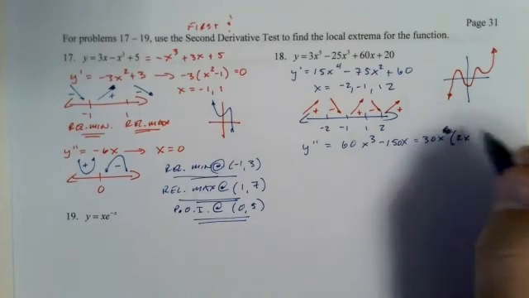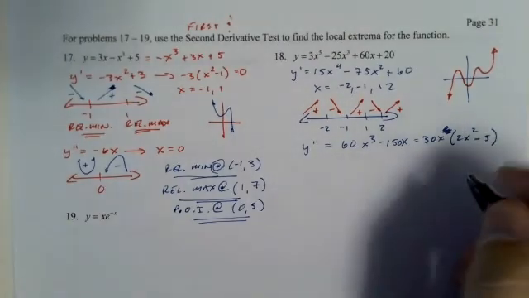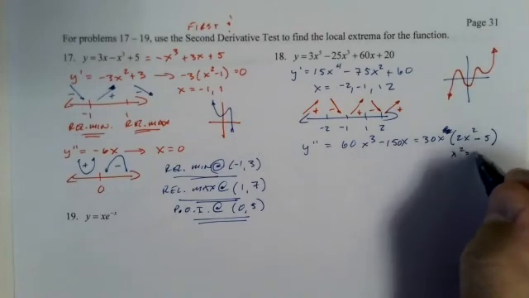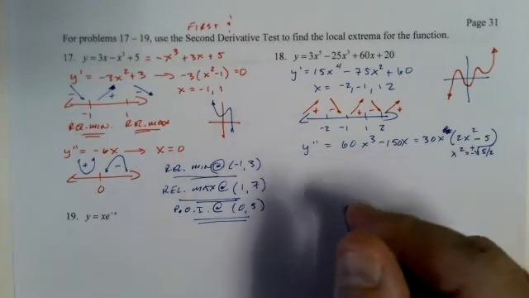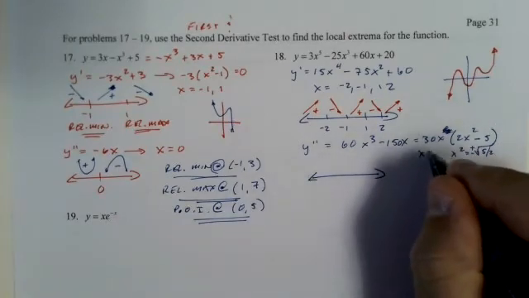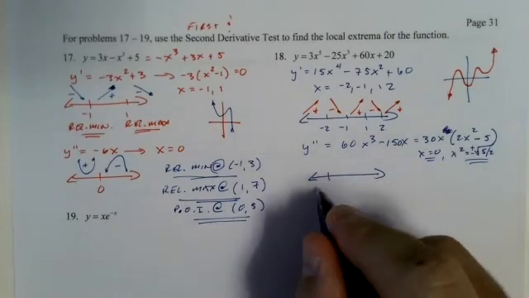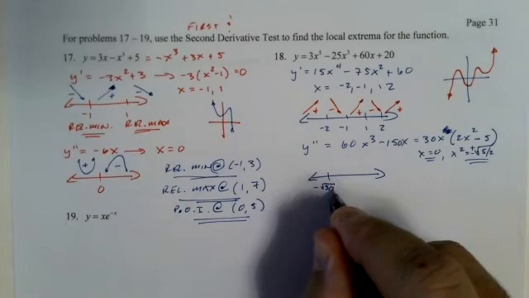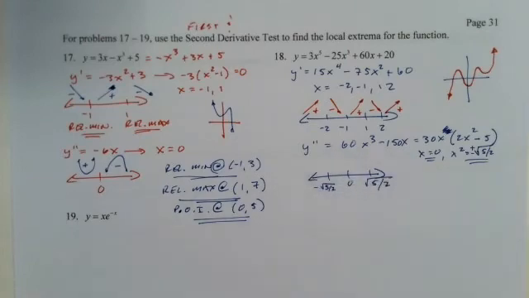Having a rough time today. 2x squared minus 5. So x squared equals plus or minus square root of 5 halves. It's fine with me. So here we go again. And x equals 0. Negative root 5 halves, 0, positive root 5 halves.